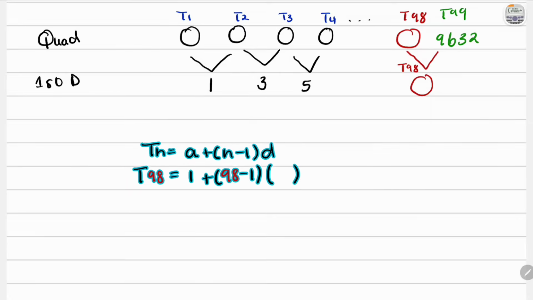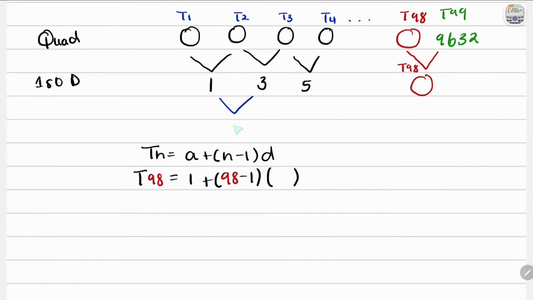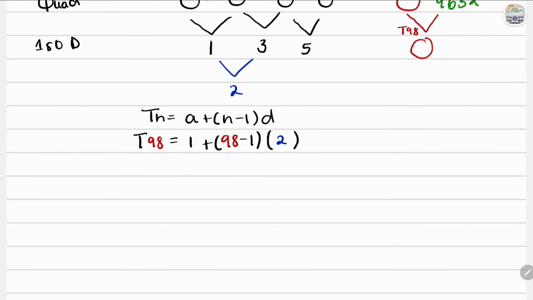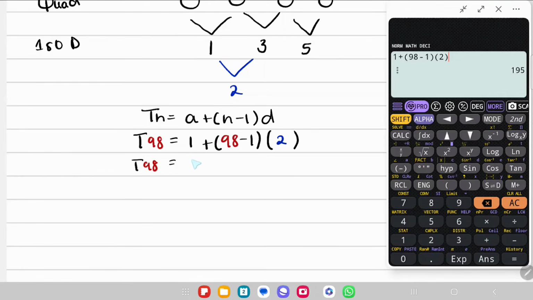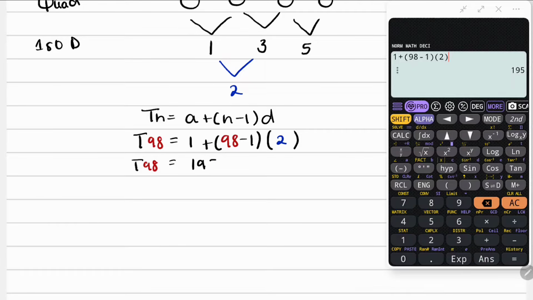To find the difference, you just say term 2 minus term 1. 3 minus 1 is 2, so d is 2. Let's punch that into the calculator to find term 98. Okay, and we get 195.